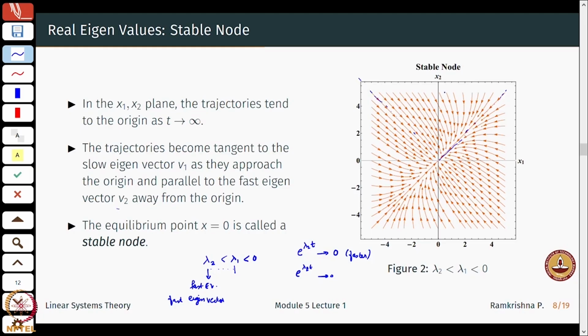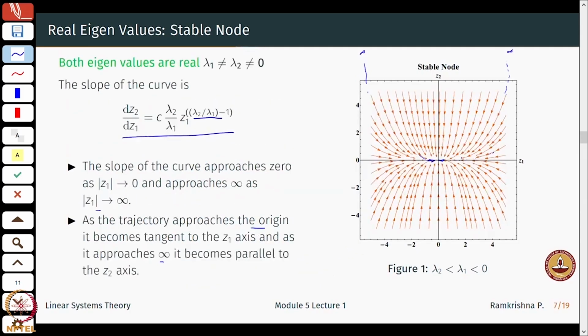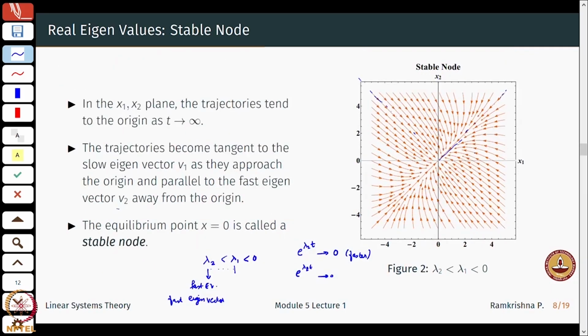You can quickly check for any example that this should hold. In the z1 z2 plane, it looked quite nice how the trajectories go to the origin, and here this will be the slow eigenvector and this will naturally be the fast eigenvector, and correspondingly in the x1 x2 plane.